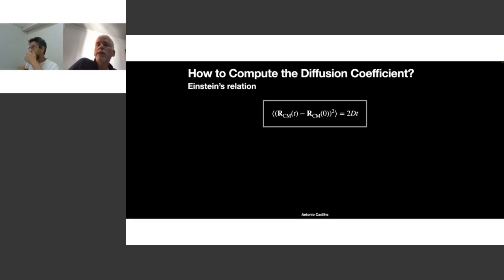On the other hand, to compute the diffusion coefficient, we can use what is called the Einstein relation. Basically, we follow the center of mass over time relative to some initial time.